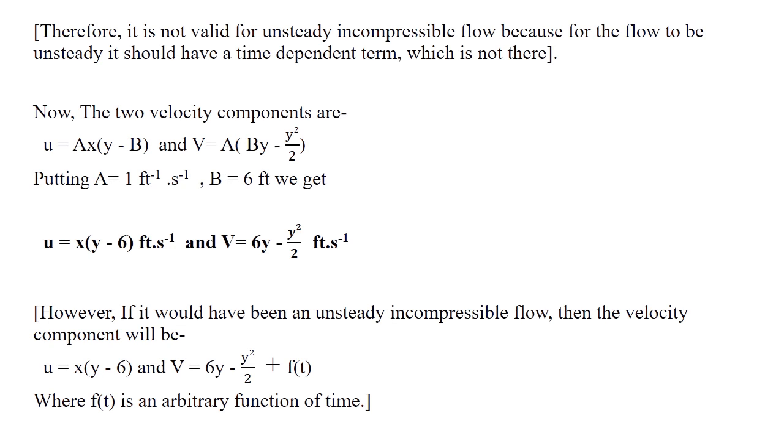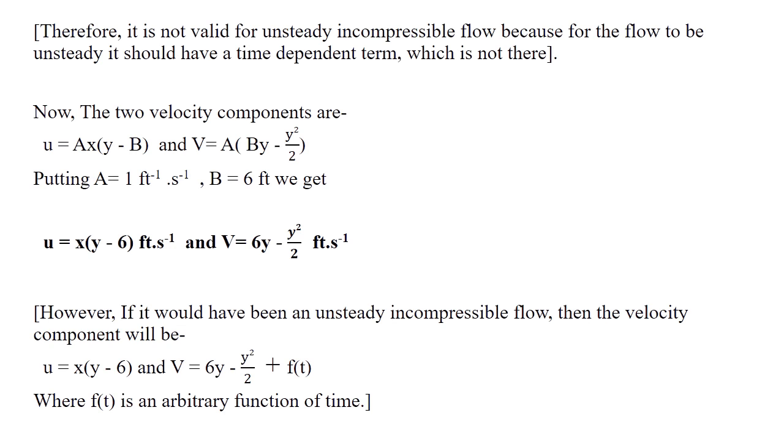Now, however, suppose it would have been an unsteady incompressible flow. For this question it is not valid, but then the velocity components would be u = x(y - 6) and v = 6y - y²/2 + f(t), and this f(t) is an arbitrary function of time, and due to this it would have been an unsteady incompressible flow.